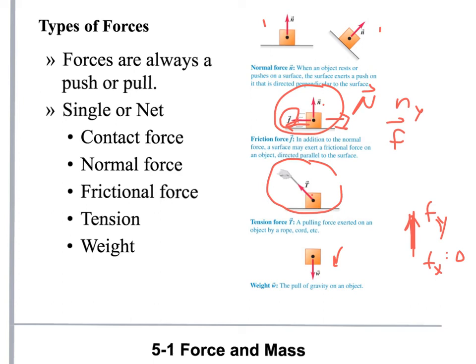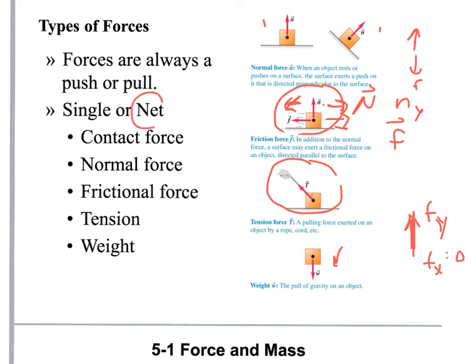So if you're moving something in the x direction, the friction force will be in the x direction as well, but it'll be the opposite. If you're moving something in the positive x direction, friction will be in the negative x direction. If you're moving something in the positive y, friction will be in the negative y. So friction again is one-dimensional, and it goes against the motion.